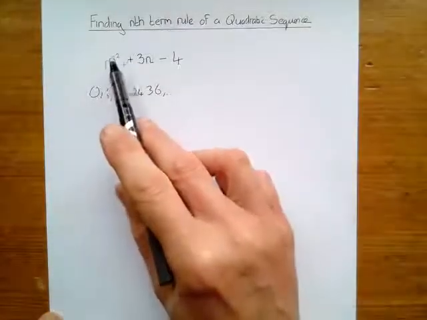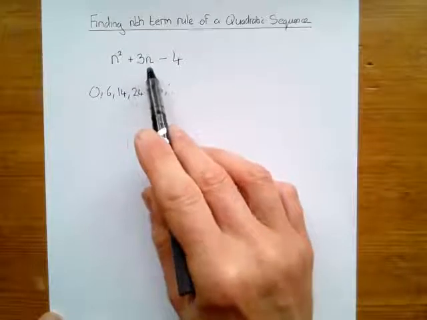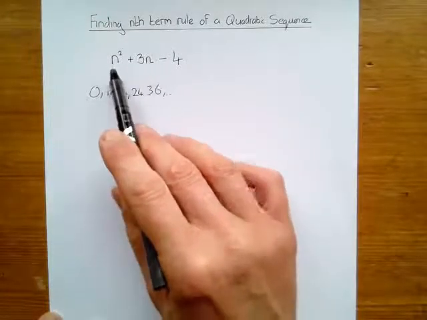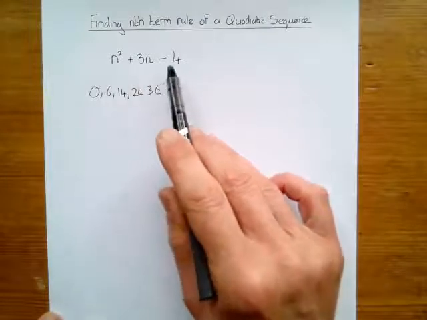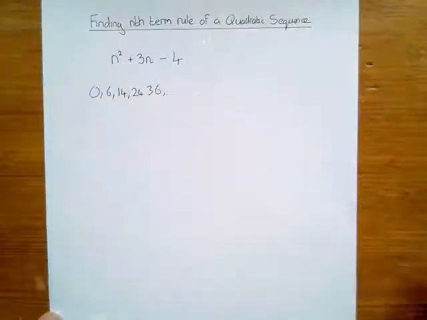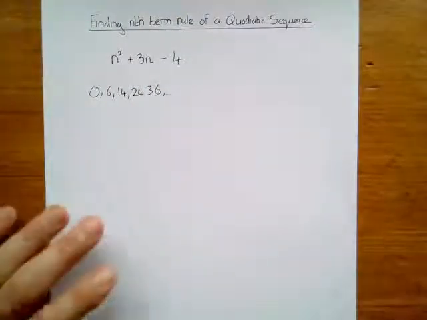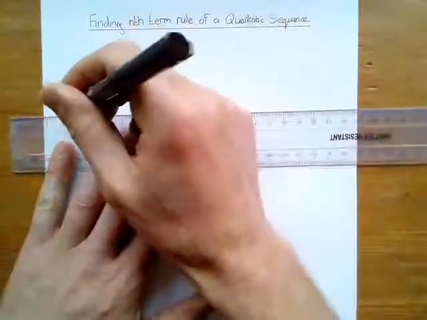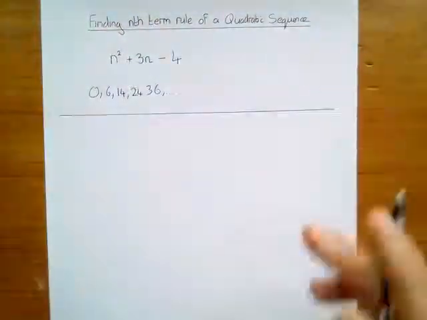Let's just check. 3 squared is 9. 3 times 3 is also 9. So 9 plus 9 is 18. Take away 4 is 14. Bingo, it works.